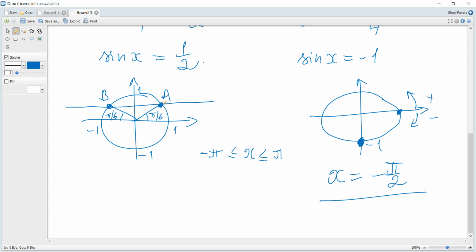And then from a graph we write the answer, the angles corresponding to point A and point B. For point A, we copy the argument, so x is, and since it's the starting point for angles, point A is just pi over 6. Definitely for a given region it will be the only solution.